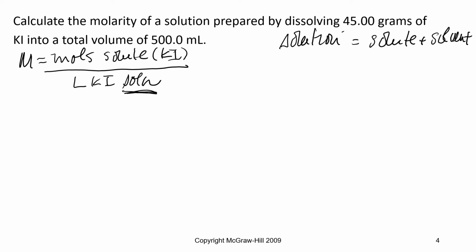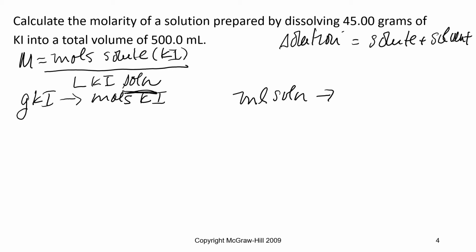So in order to calculate the molarity of this solution, we first have to convert grams of KI to moles of KI and mL of solution to liters of solution.